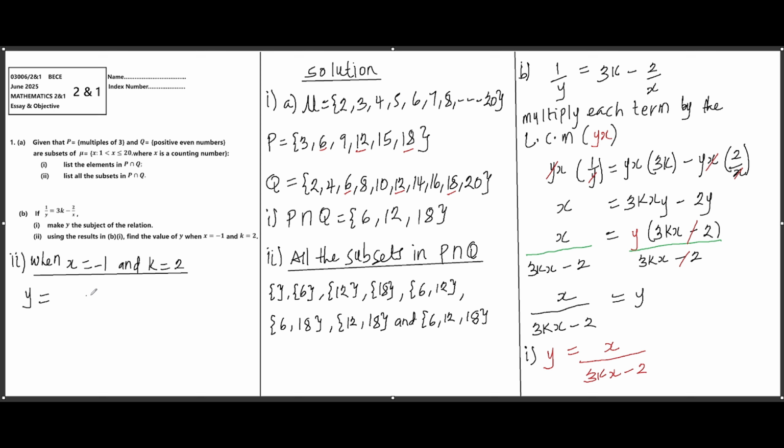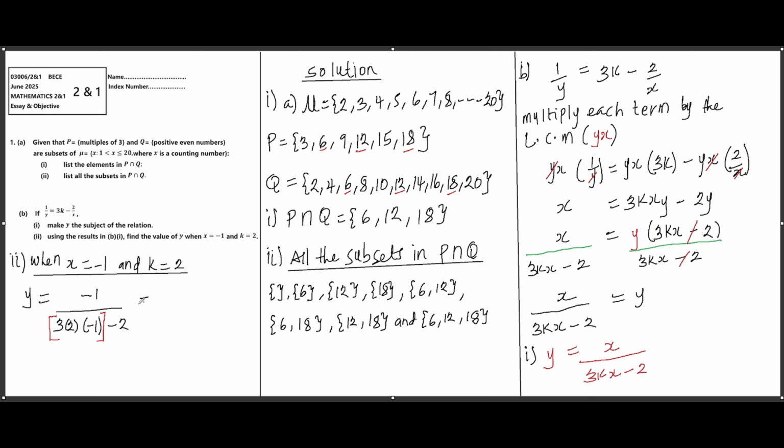So we have minus 1 at the numerator. So we have 3kx. 3 multiplying k, so k is 2, x is minus 1. So this minus 2. Let me separate the term so we don't get confused.